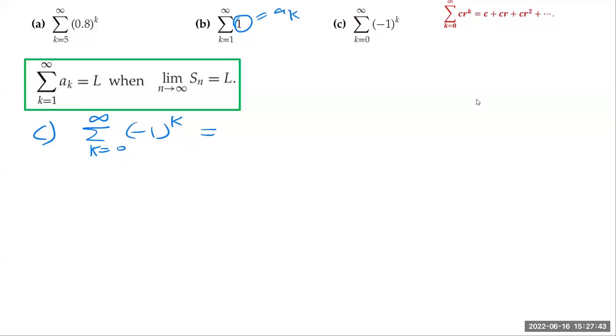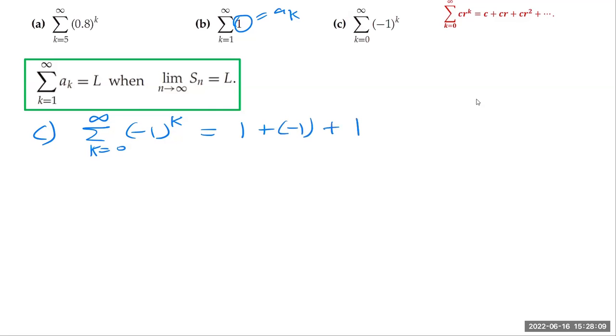Let's go over part C now. In part C, we need to determine whether this series converges or diverges. For that, I'm going to write the expanded version of this series. If you plug in k is equal to 0 in your ak, you get minus 1 to the power 0, which is 1. The next term will be minus 1.